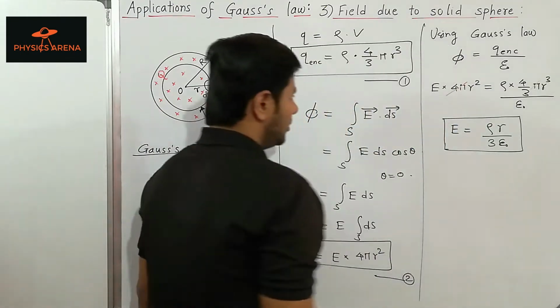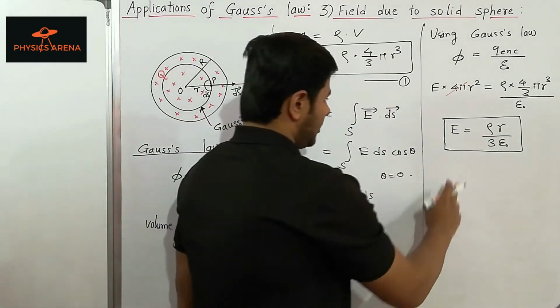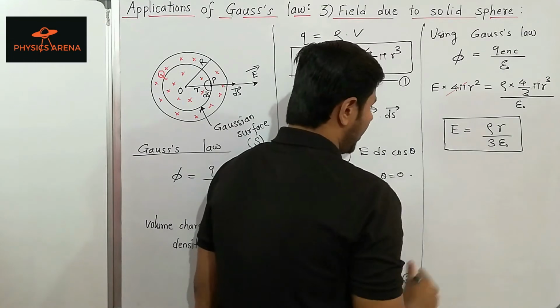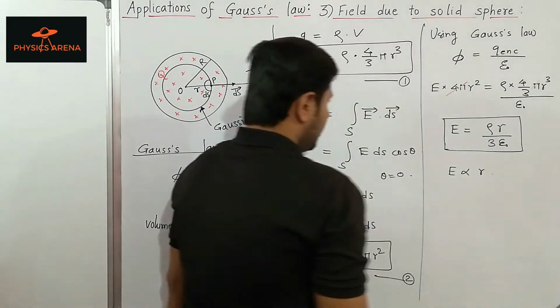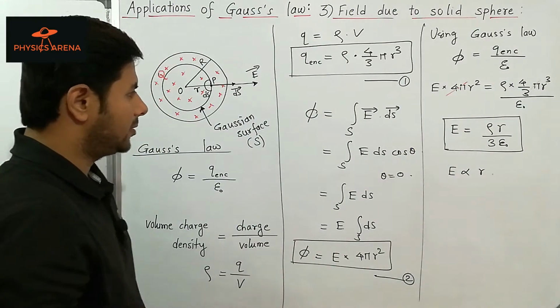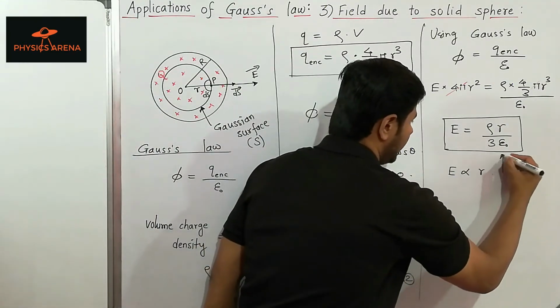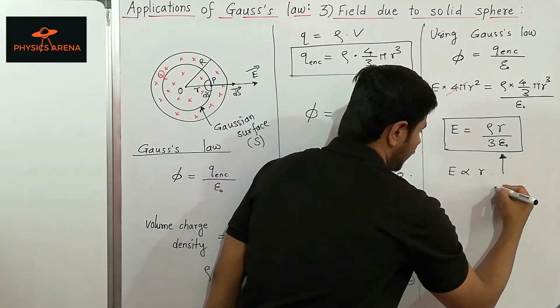Here we can say E is proportional to r. Alright, so this is the electric field at an interior point.